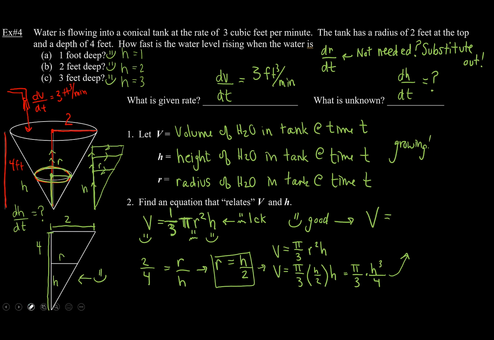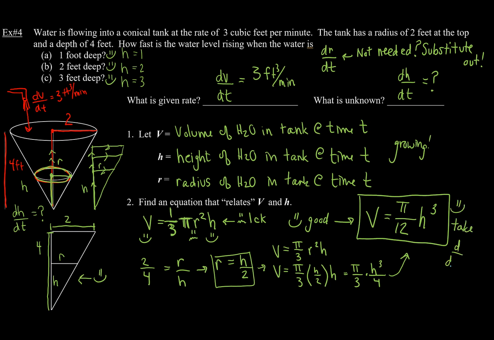What I end up getting for my function I can take a derivative of is pi over 12 times h cubed. This is the one I'm going to take the derivative of. Again, remember, I'm relating V and h.